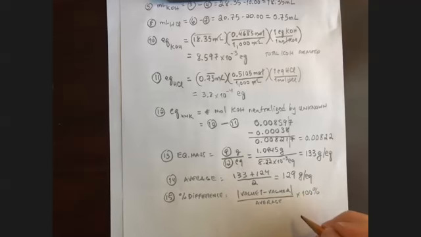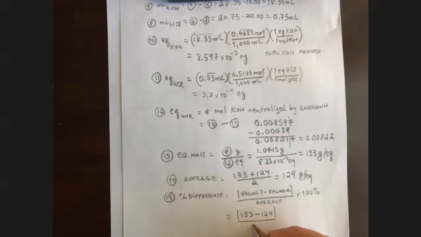That's what we call the percent difference. So in our case, that's going to be absolute value of 133 minus 124 divided by the average, which was 129 times 100%.